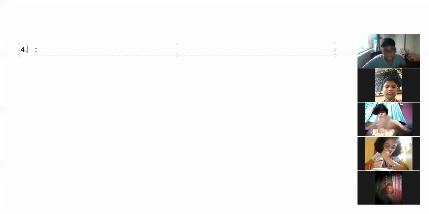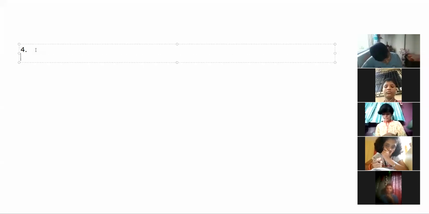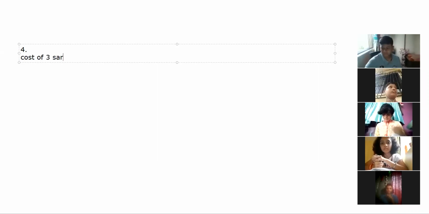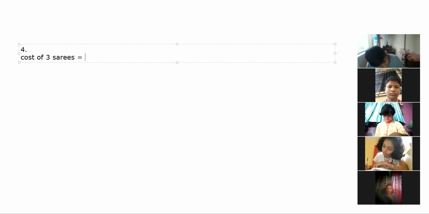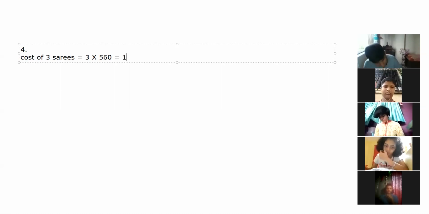See, like cost of 3 saris. Each sari was of 560, right? So she purchased 3 saris, so you just have to multiply 3 into 560. You will get total amount, that is 1680.